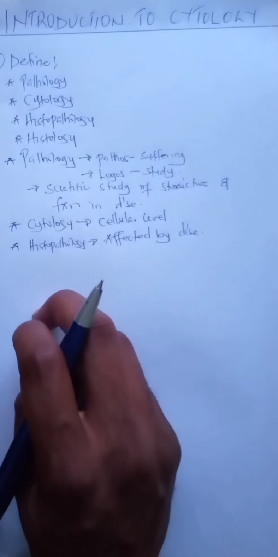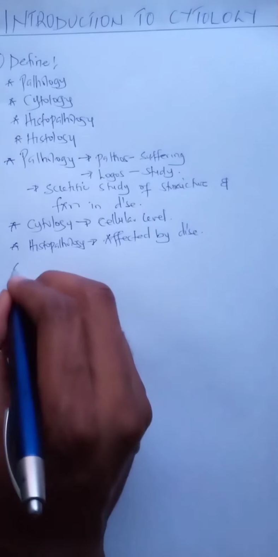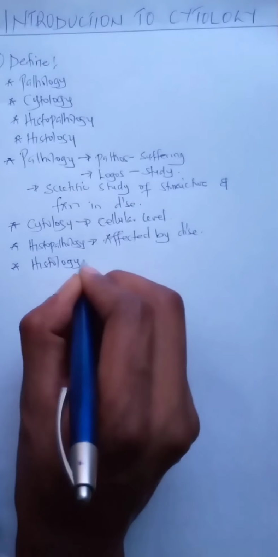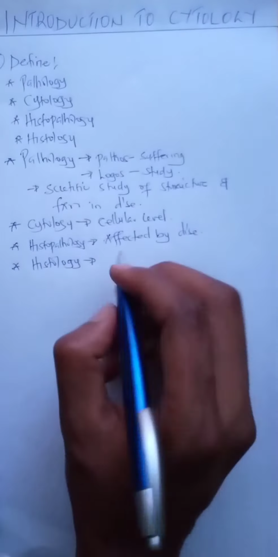That is histopathology. Then the other terminology is histology. And histology refers to the study of tissues and their structure. So those are the few terminologies in our introduction, but basically we are looking at cytology, but you cannot look at cytology without defining some of those terminologies.